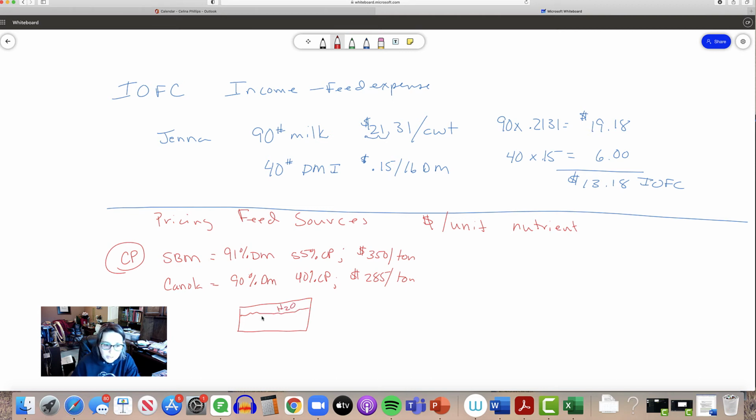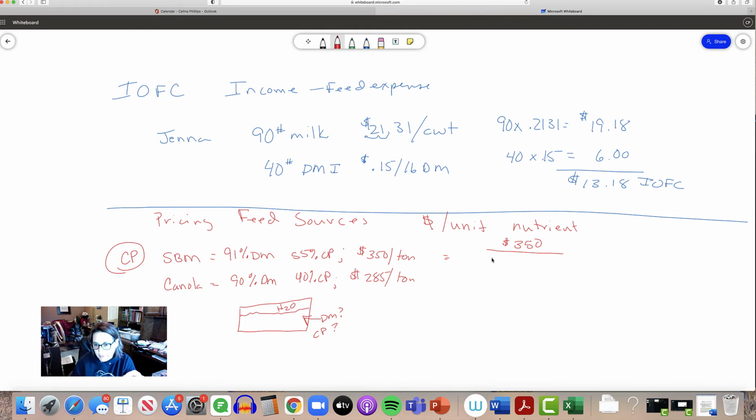So we want to know how much dry matter we have and how much specifically crude protein we are paying for in this feed. To set this up, I do it in one equation, where we take that cost and divide it by how many pounds of protein.